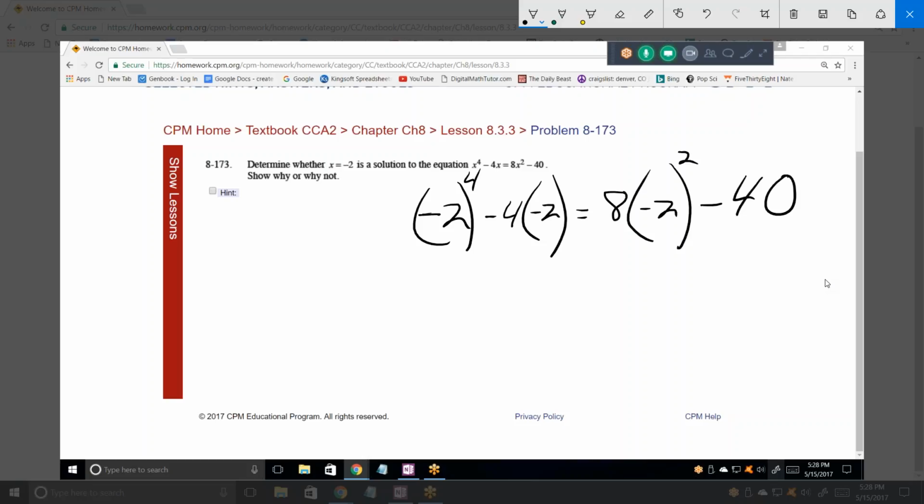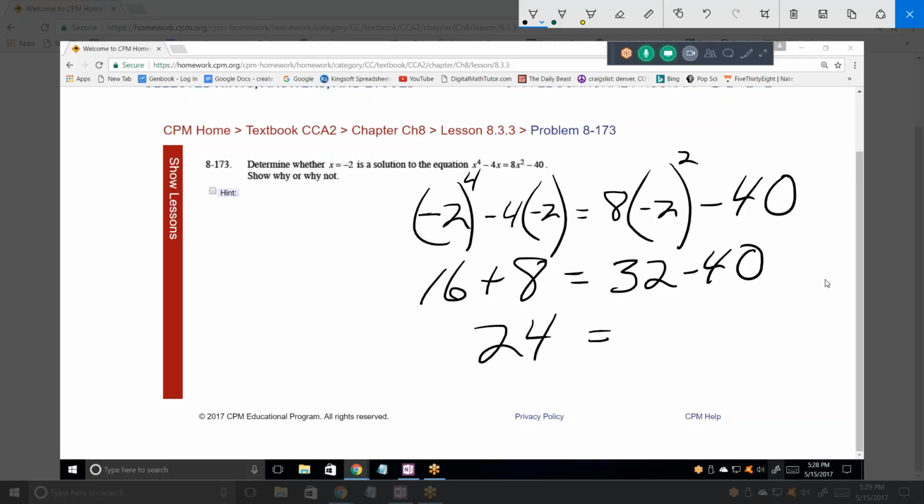Now, what's -2 to the 4th? Read the next line to me. 16 plus 8 equals 32 minus 40. And they do not equal. It's not a solution. That's all you have to do to show that it's not a solution.